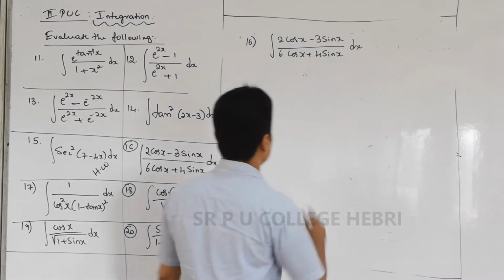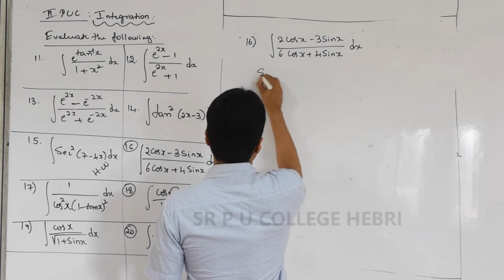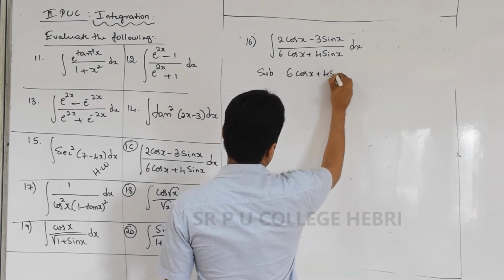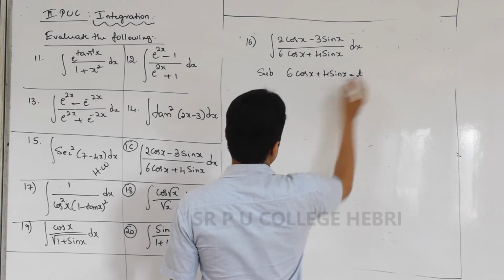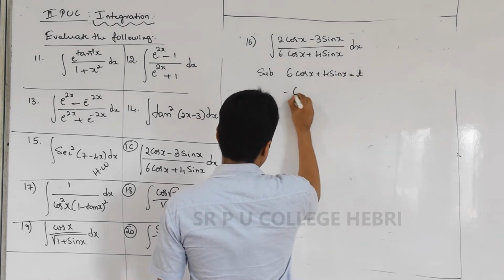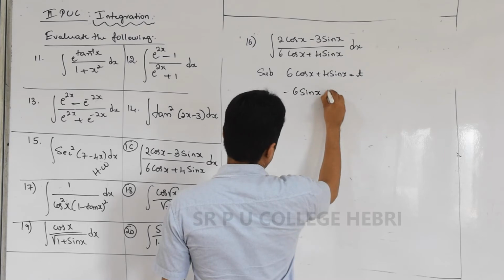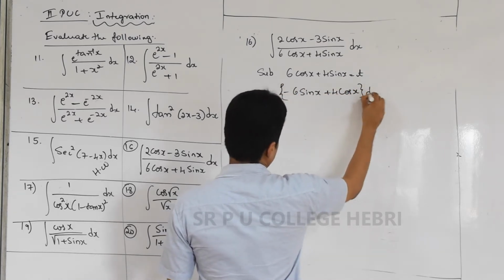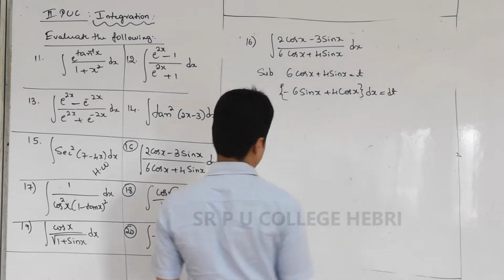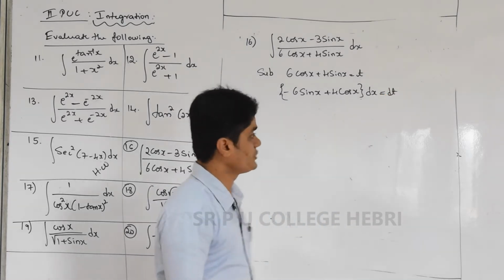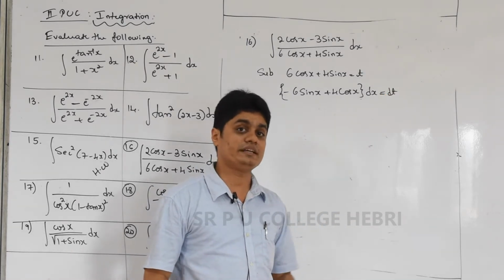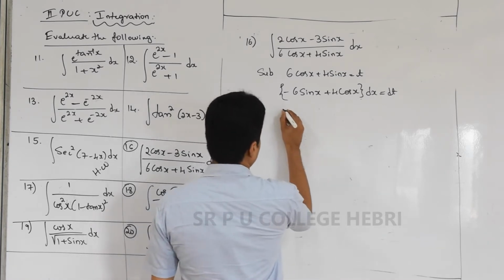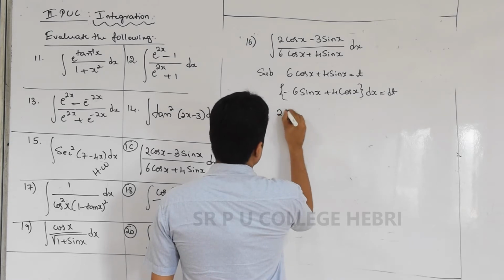So substitute denominator equal to t, that is 6 cos x plus 4 sin x is equal to t. On differentiation we get minus 6 sin x plus 4 cos x whole multiplied by dx. I hope you know why it is like this. You didn't get the numerator, don't worry, but can you bring the numerator? Yes, you can bring the numerator by taking 2 outside.